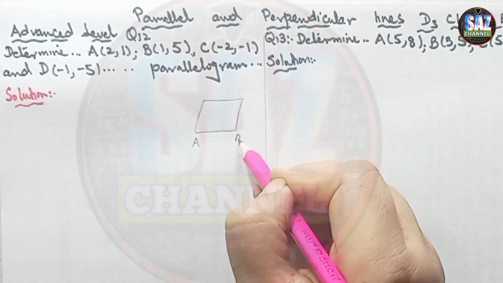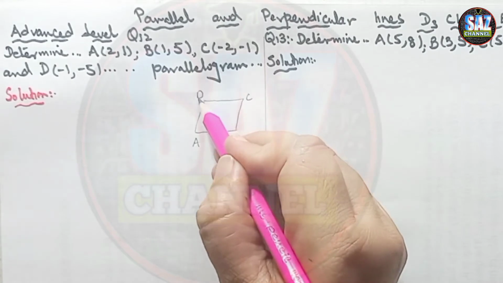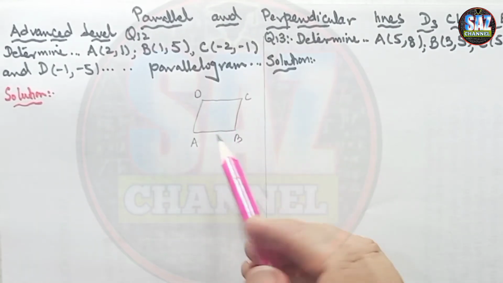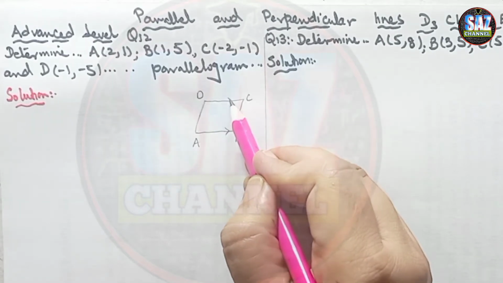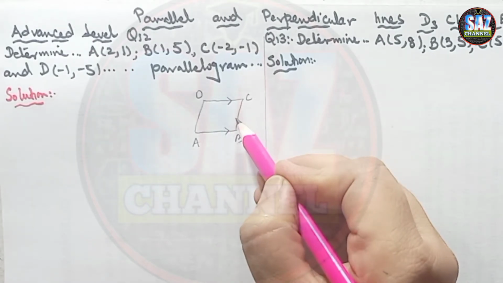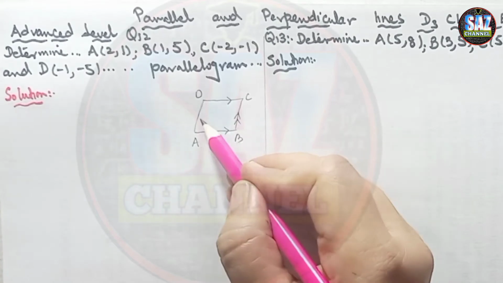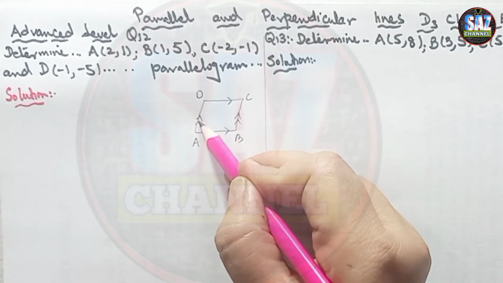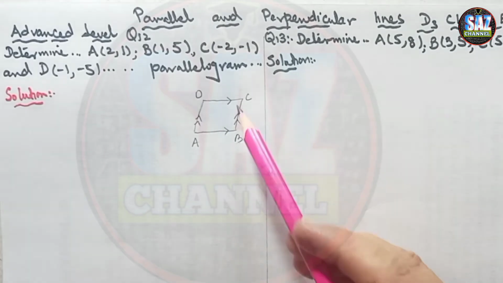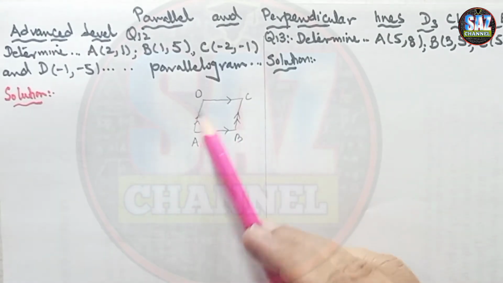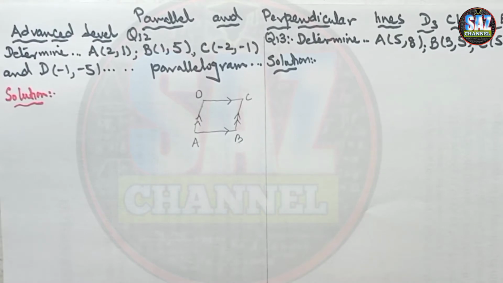Suppose we have a parallelogram ABCD. In this shape, as this is a parallelogram, AB will be parallel to CD and BC will be parallel to AD. And if we are able to prove that AB is parallel to DC and BC is parallel to AD, then we will be able to prove that the given shape is a parallelogram.